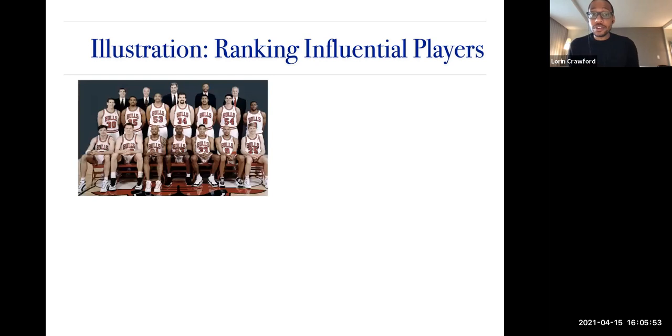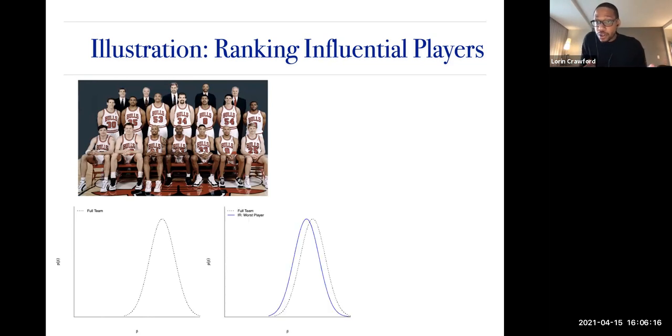And I like to describe this as looking at a team, right? So here, some of you might have recognized this if you watched The Last Dance. I have some kind of team together, and collectively this team has some amount of information, right? Now, let's say that I take number 30 and I put him on injury reserve, okay? Without number 30, my team might lose a little bit of its identity, but in totality, maybe it's still pretty much intact, okay?